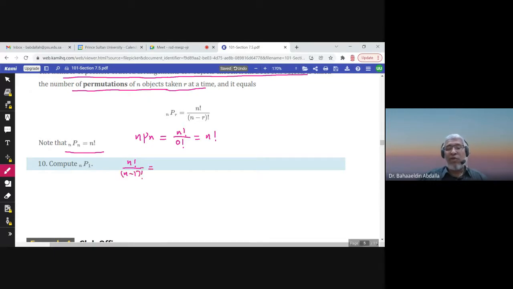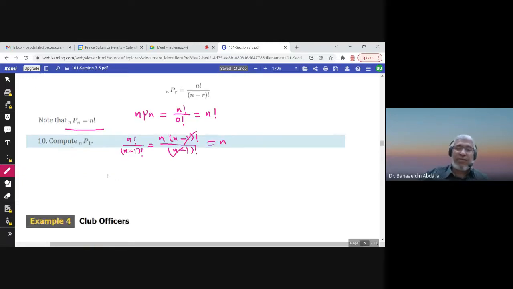But n factorial is n times n minus 1 factorial, over n minus 1 factorial. And by cancelling, we get n. So 7p1 is 7. 6p1 is 6. While 5p5 is 5 factorial. nPn is n factorial.